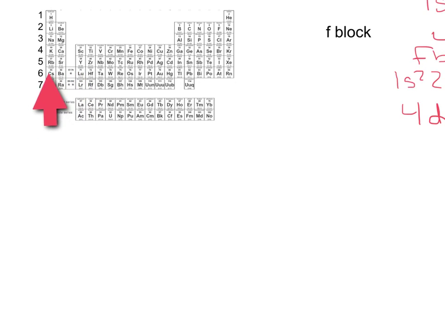Lu is different because now we can't just go out of numerical order. We can't go element 55, element 56, and then element 71. We're missing so many electrons down here. So Lu is going to have an F block added to it. All right, so let's do Lu.